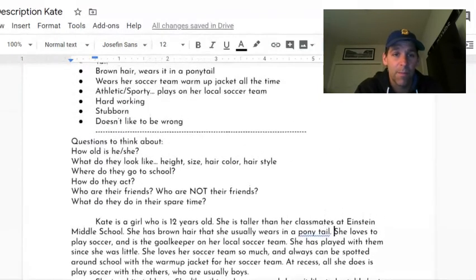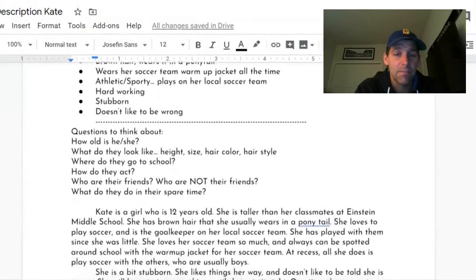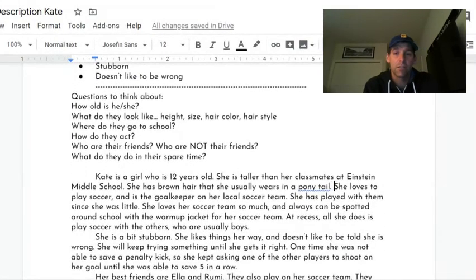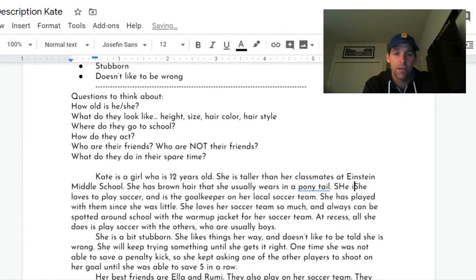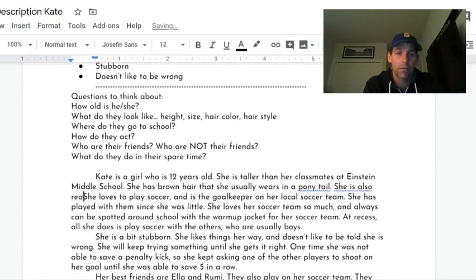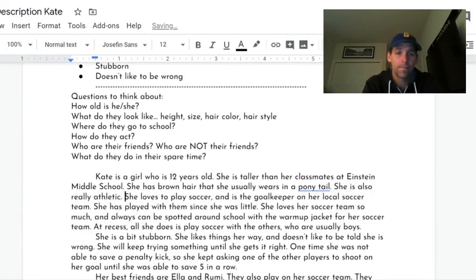What else did I forget from up above? I think that's most of the stuff that I have here. She is also, and I might even put in here, she is also really athletic. Loves to play soccer and has that part here to describe her.